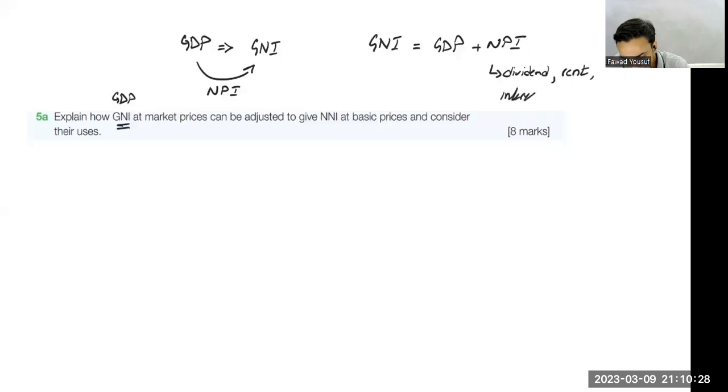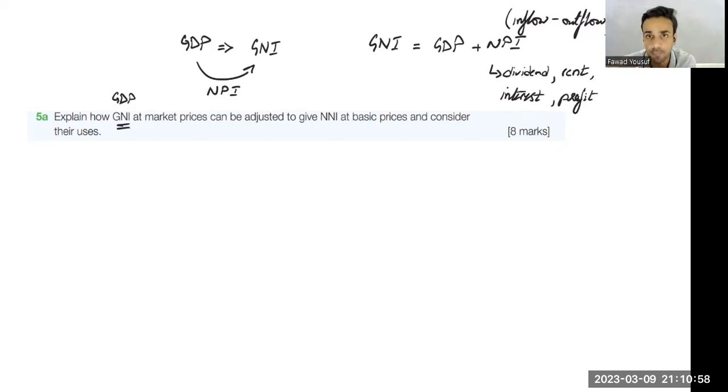Interest, again, earned from abroad or paid abroad, netted, and profit. So basically, these are the four things that we are netting. Basically, we subtract outflow from inflow. All these things that you earn from foreign economies, and then what you have to pay to the foreign economies because they invested in your country.